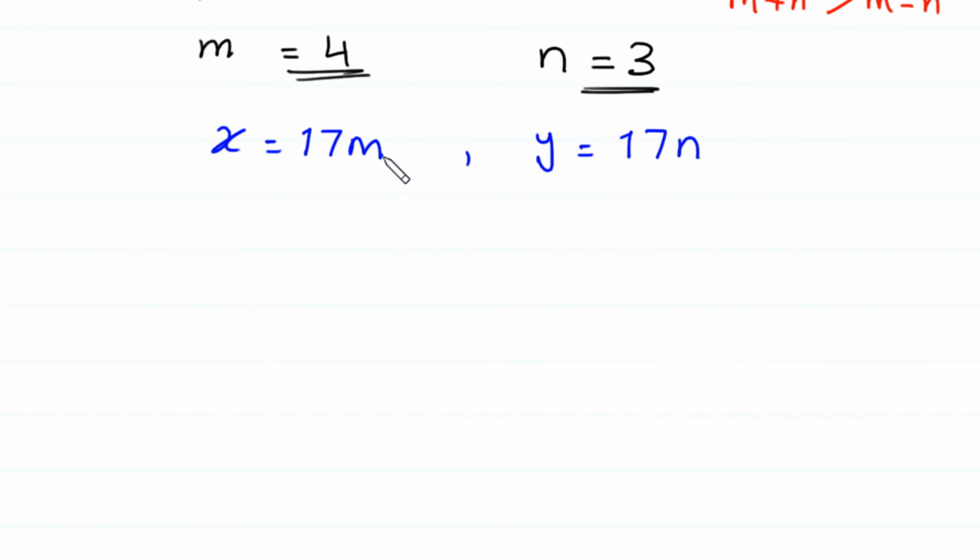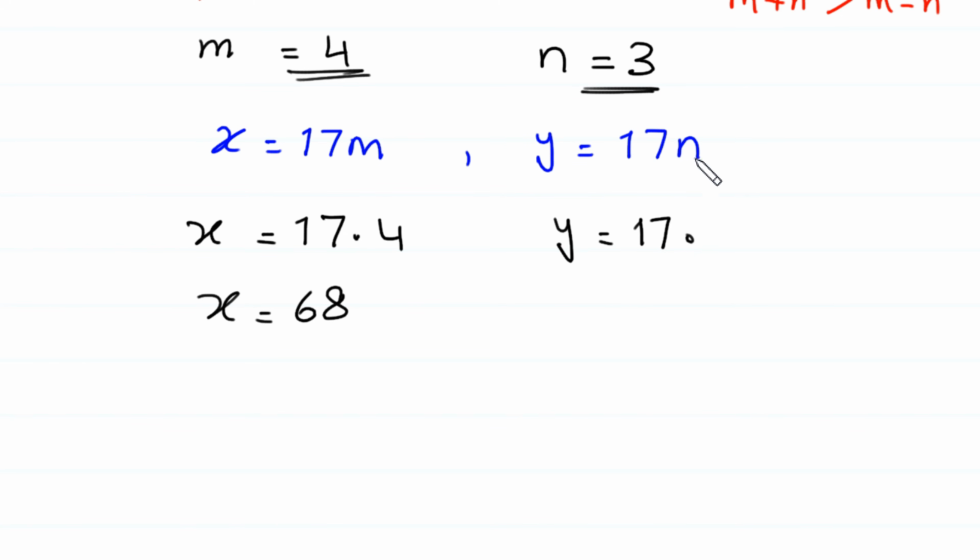First, in this equation we put the value of m, 4. x is equal to 17 times 4, 68. Now in this equation we put the value of n, 3. y is equal to 17 times 3, 51. So the value of x is 68 and the value of y is 51.